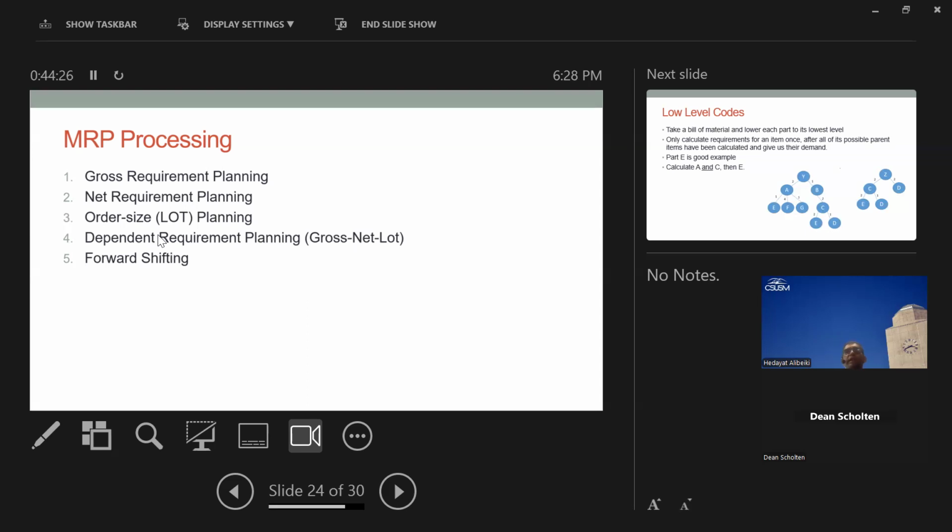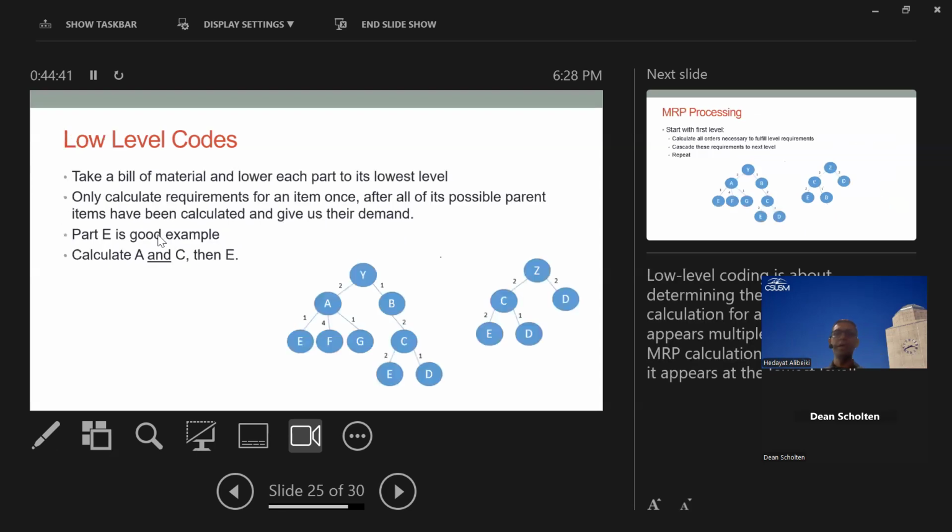We do forward shifting in time for each item, and then we go forward in the BOM. We do it for the top item, then the next item, next item, next item, level by level, based on the low level code. Low level code, I already explained that.